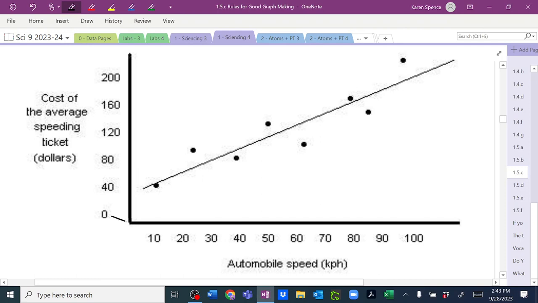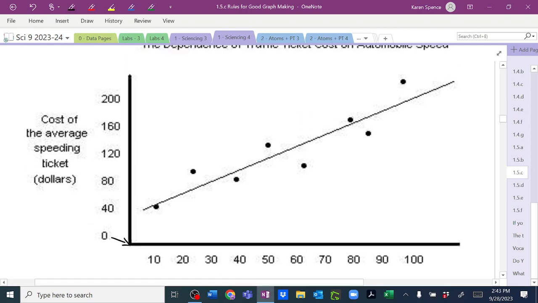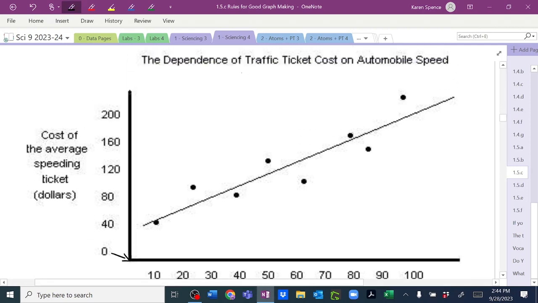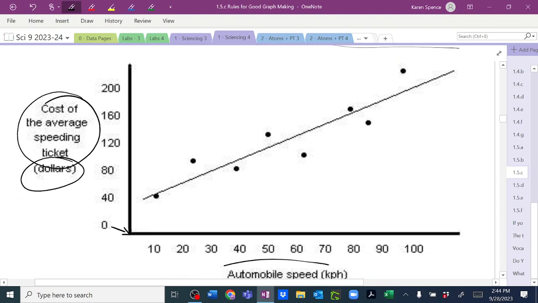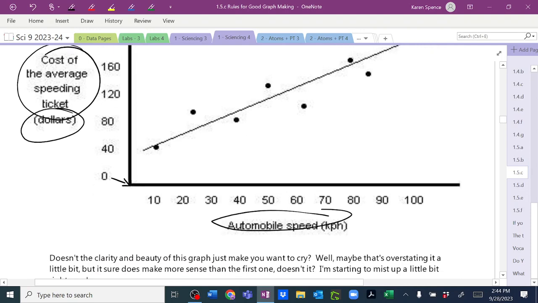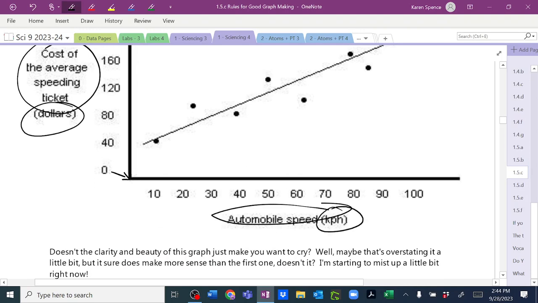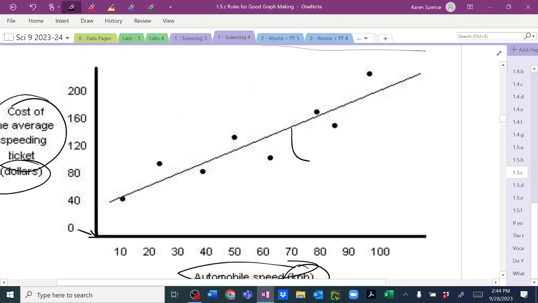I still need to fix this a little bit more. But I made it bigger. It has a title. It has what we're measuring and the units, and we have a best fit line.